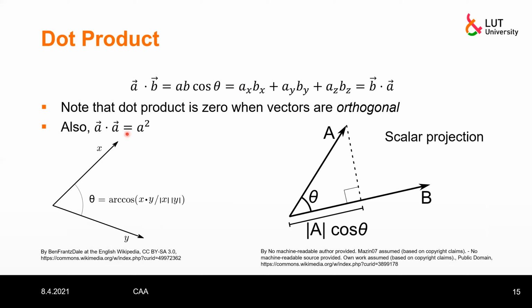Also, the dot product of a vector times itself is equal to the magnitude squared, which comes directly from the definition. And here is how it looks visually: two vectors and the angle between them. It is also written here that the dot product can be used as scalar projection.